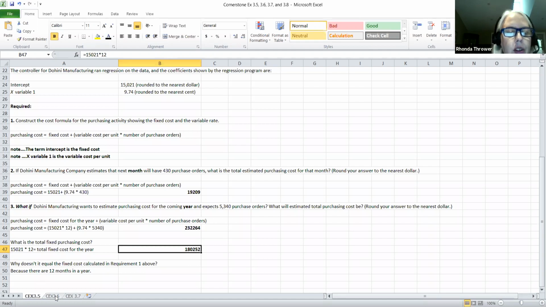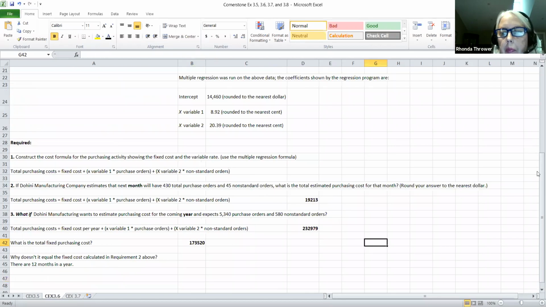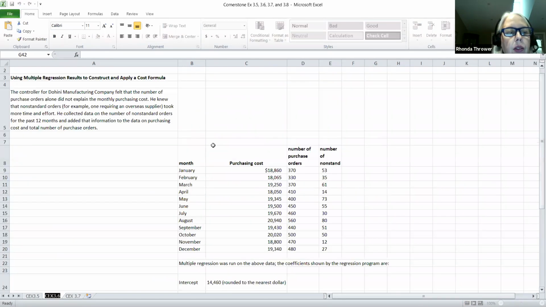I'm going to move to the next exercise that I've copied to Excel. And this exercise is using multiple regression results. When we have multiple regression results, we're going to use more than one type of unit to base our answers on.